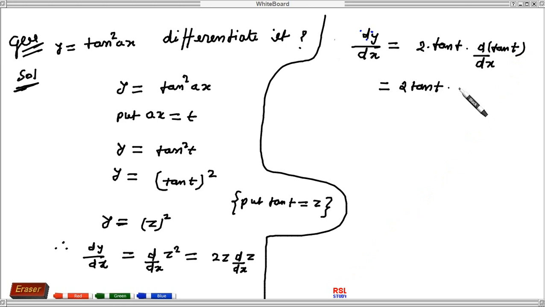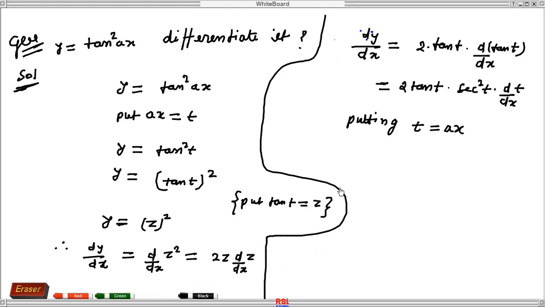So d/dx of tan t will be sec square t and dt upon dx. Now put t equal to ax at each place.